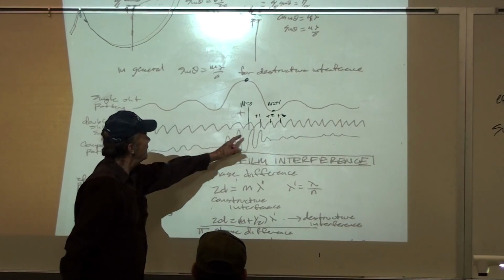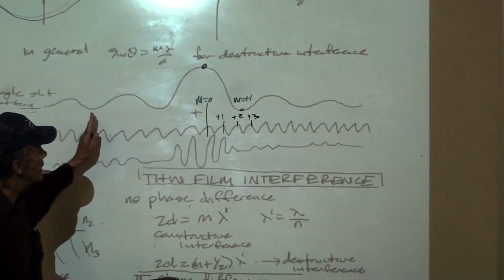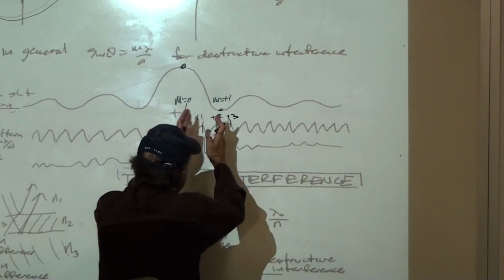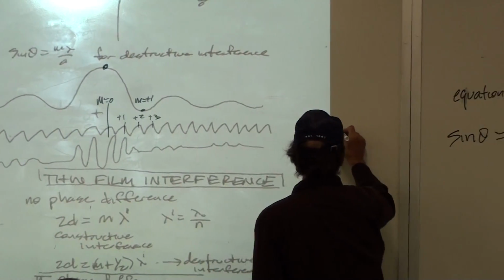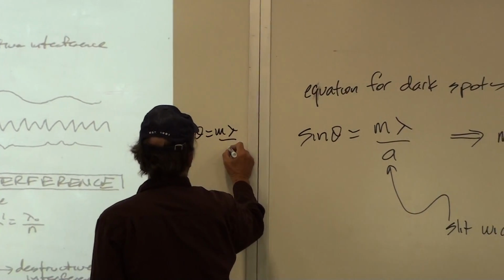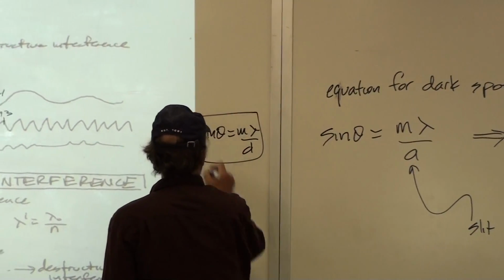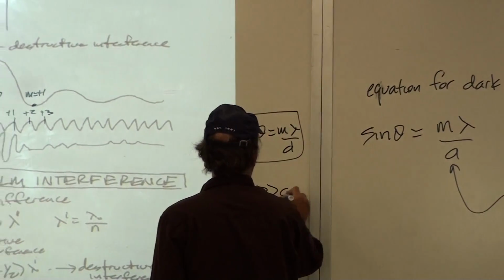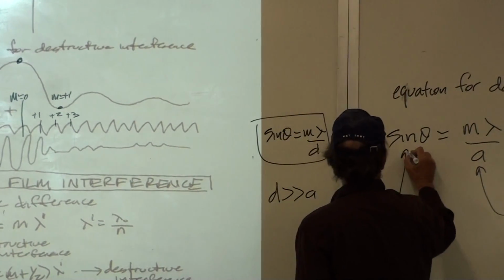So we can see that this pattern is much more confined or squeezed up because the angles are smaller. That's sine theta equals m lambda over d. But because d is much, much greater than a, these angles are much smaller.